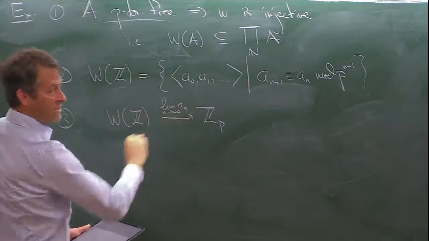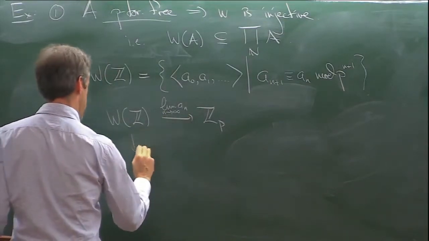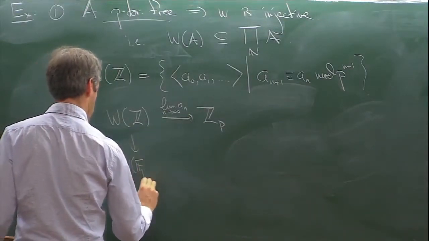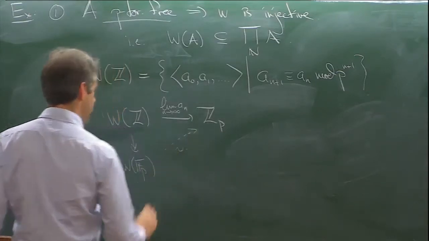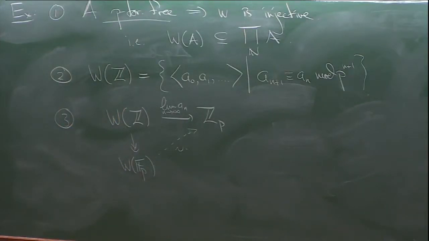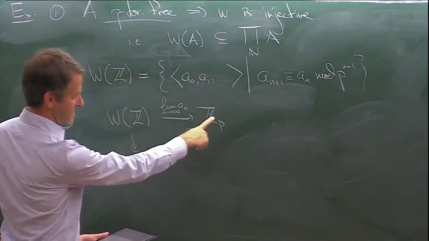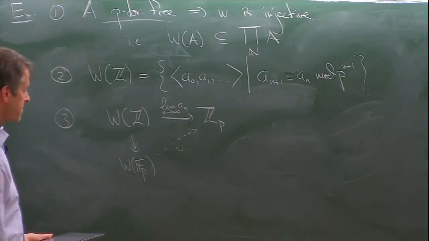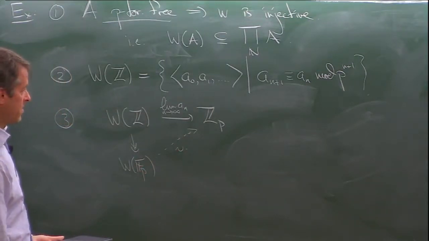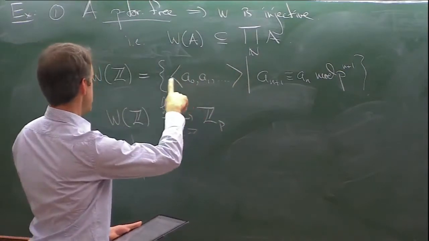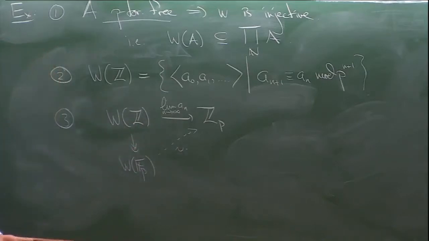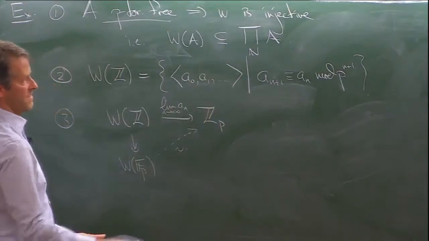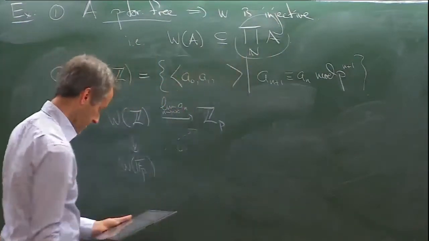So you have a completely well-defined map, and the exercise is to prove that it factors through W of F_p, and the resulting map is an isomorphism. So from the point of view of ghost components, the map from W of Z to Z_p is take the p-adic limit. These are ghost components, right? This is the ghost ring. These are the ghost components.